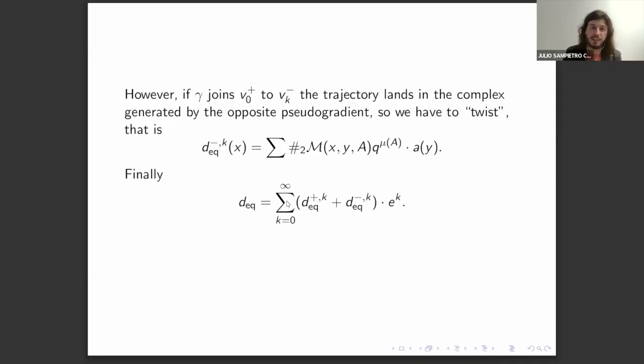And finally, I can set dx to be this sum over all k of dx plus and dx minus. I'm writing here the sum to infinity, but by Maslov index considerations, because everything is monotone, actually there are finitely many terms. So we do land in the polynomial ring. We don't get a power series.